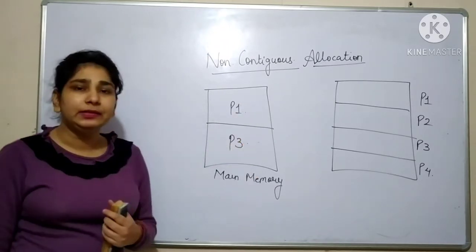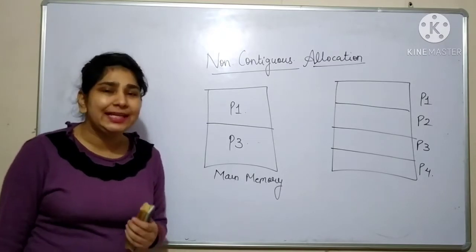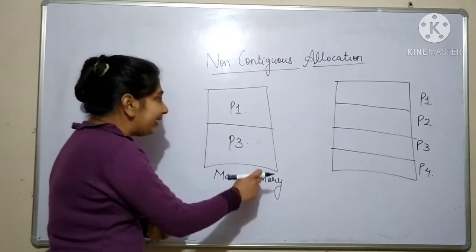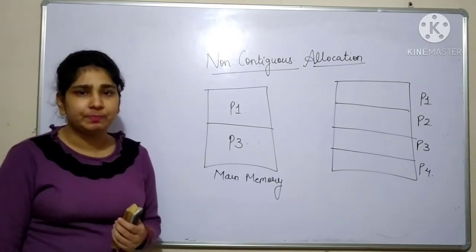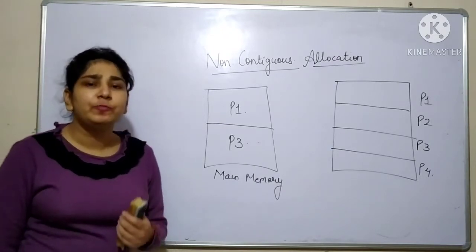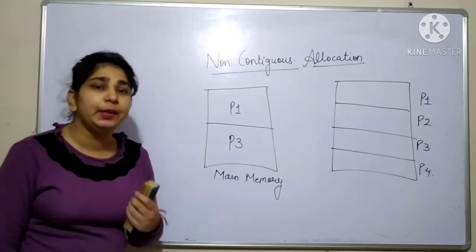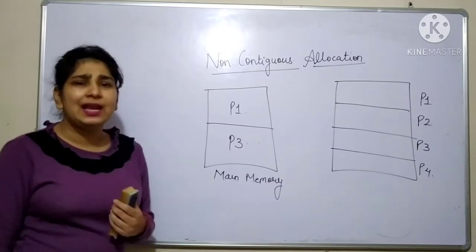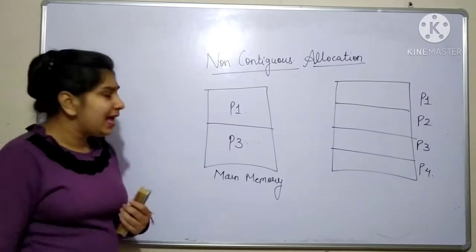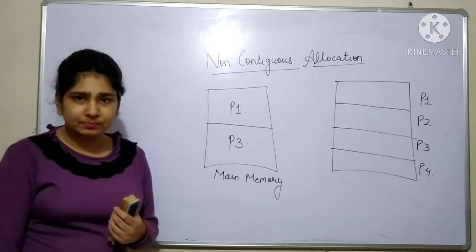So the concept of multitasking is very limited in contiguous allocation, because very few processes are going to be stored in the main memory.